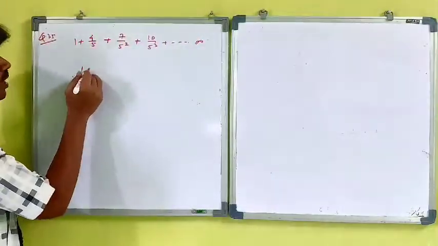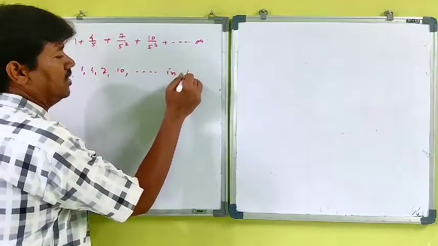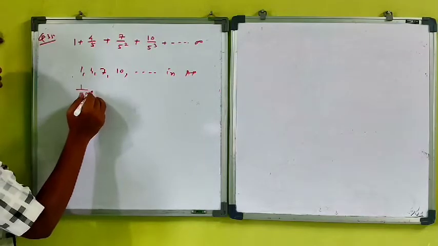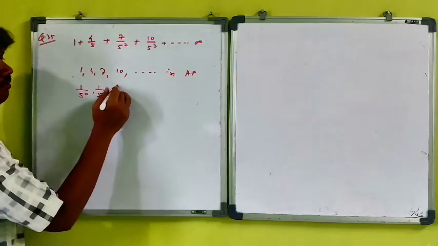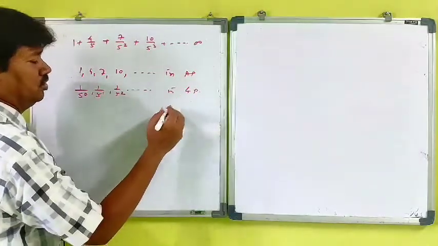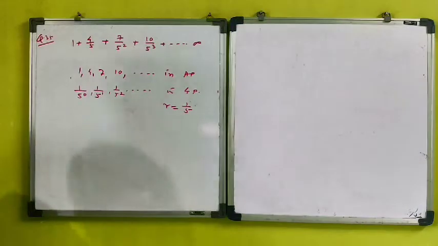See here, there is 1, 4, 7, 10 in AP, that is clear. And 1 upon 5 raised to 0, 1 upon 5 raised to 1, 1 upon 5 square are in geometric progression. R is 1 upon 5. So what is S infinity?